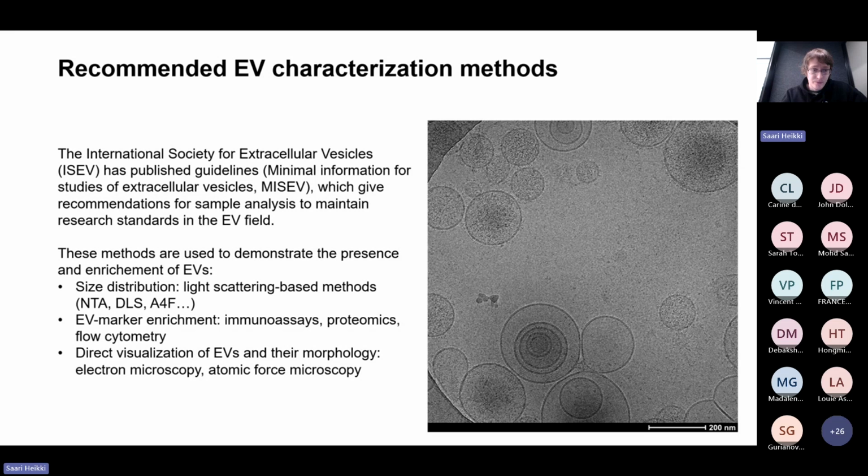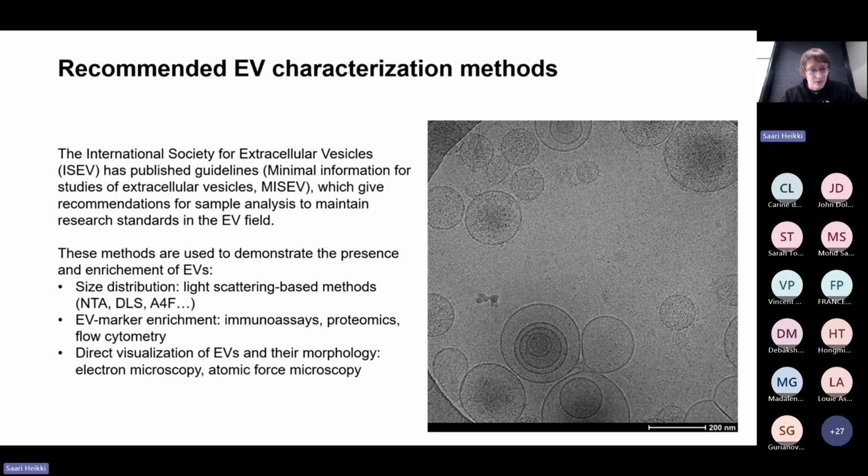Some of these methods are meant to demonstrate that you have indeed EVs in your samples and they are significantly enriched. So you are encouraged to provide some kind of size distribution analysis. We use NTA, which is nanoparticle tracking analysis, in our lab.